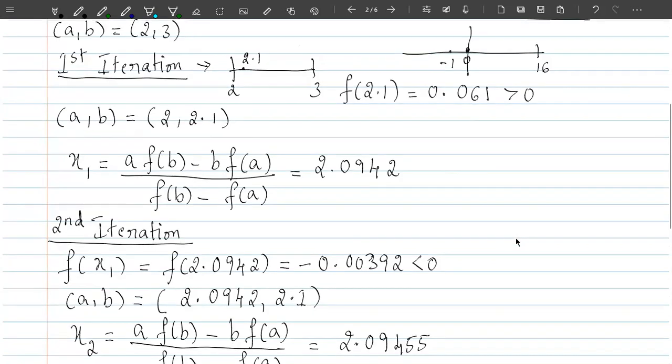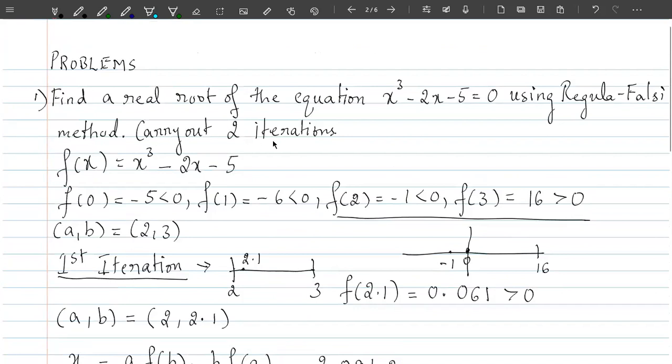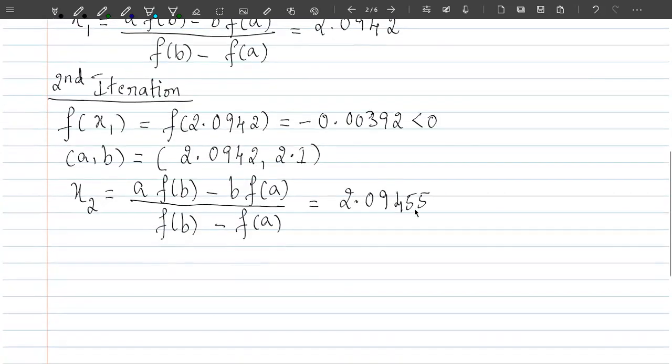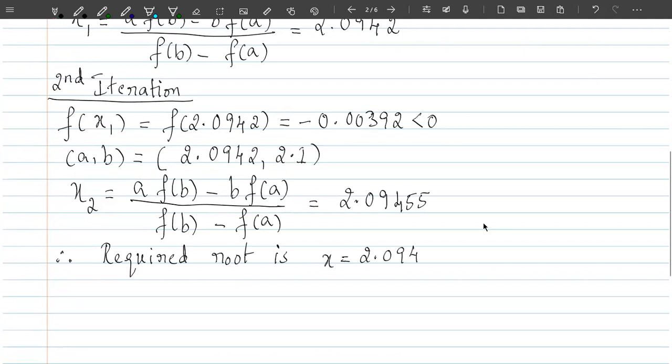Since I have asked you to carry out only 2 iterations, you can stop right here and write the conclusion immediately. Therefore, the required root is x equal to 2.09455.